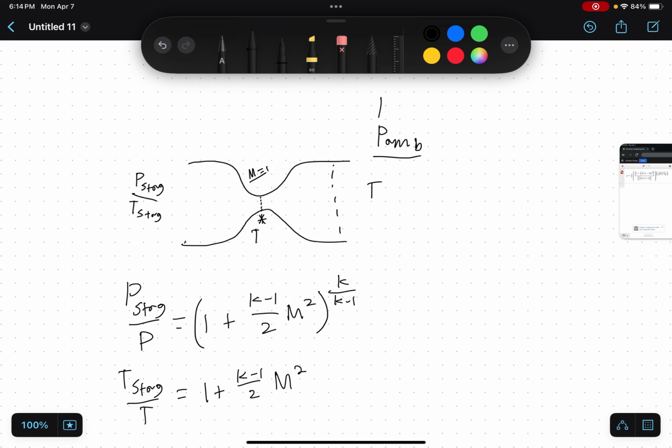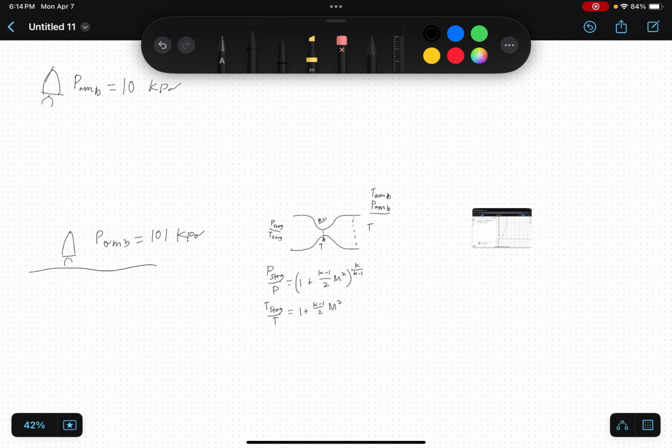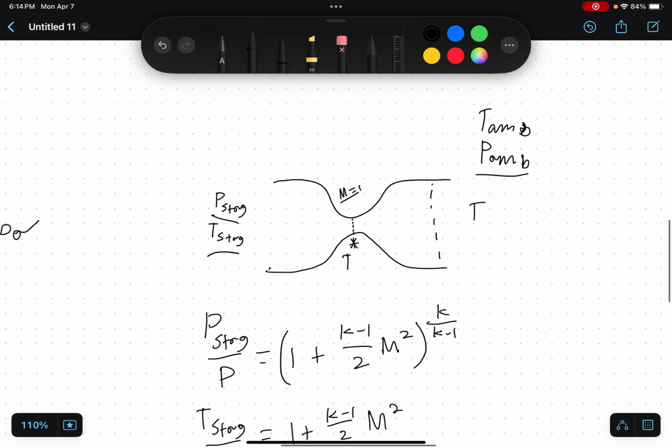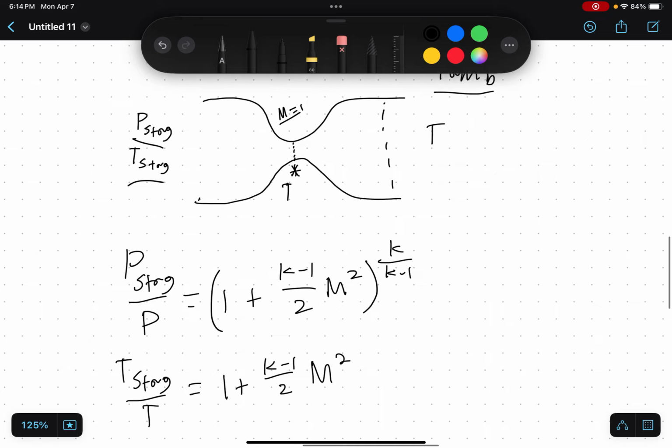Now, why don't you just use T ambient? Because T ambient is like, let's say 80 degrees Fahrenheit. The exhaust temperature is probably thousands of degrees Fahrenheit. So you need to calculate the exhaust temperature using this.